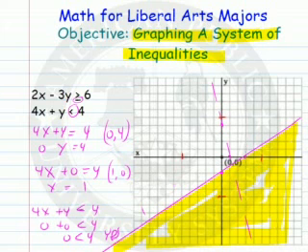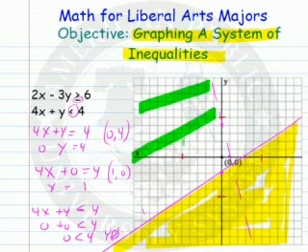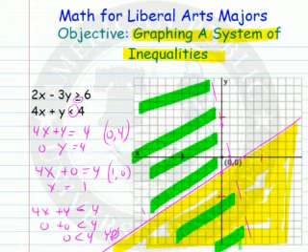So we'll graph those in a different color. We want to include the ones on this side. Now, what do they have in common? Where are both of them? Well, they are both in this area right in here. So this is my solution set.